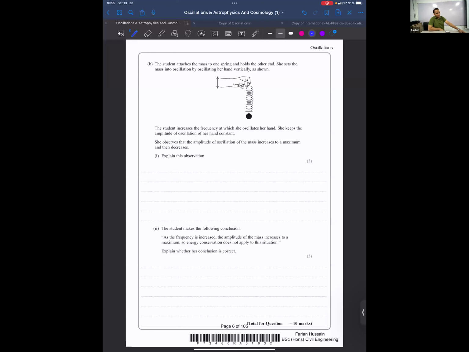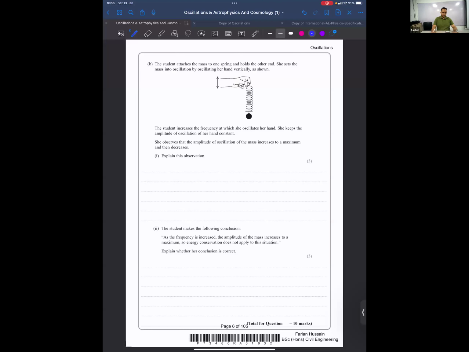At a particular frequency, the natural frequency of the system is equal to the driving frequency. Correct? So the energy transferred to the system is maximum. So it will vibrate at maximum amplitude, right?